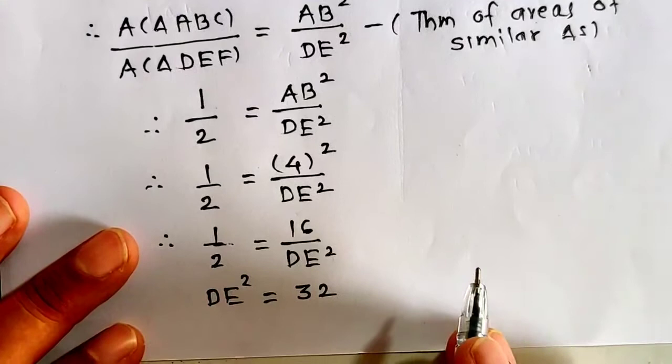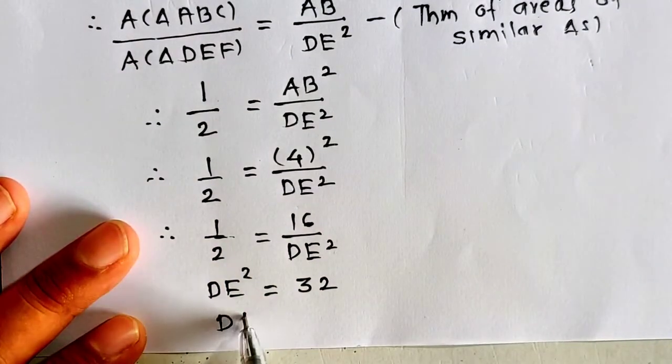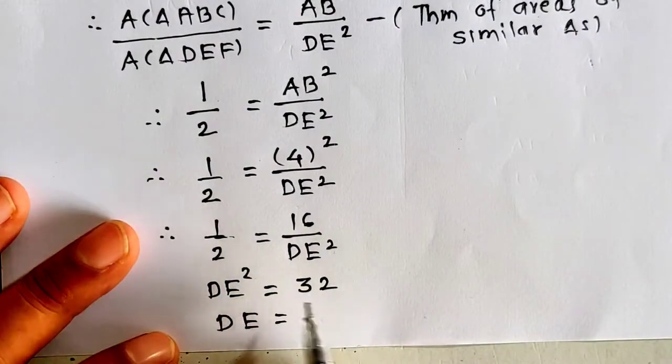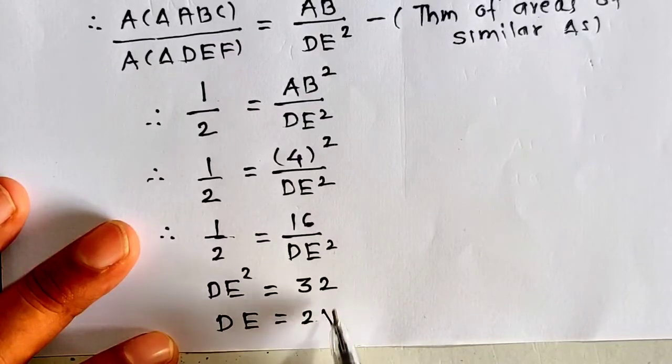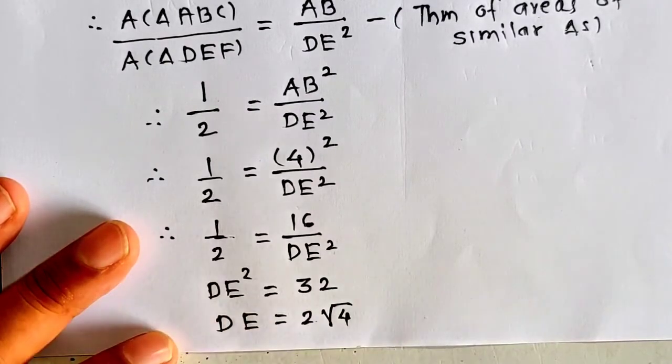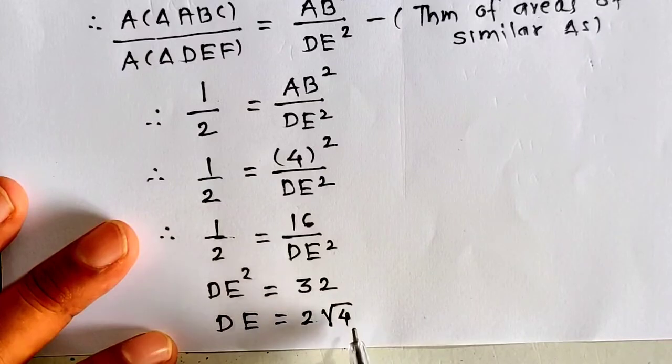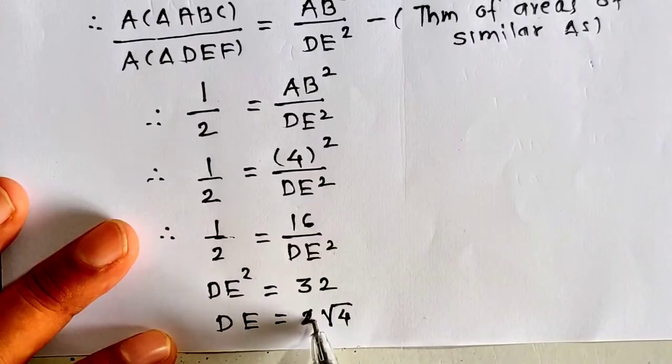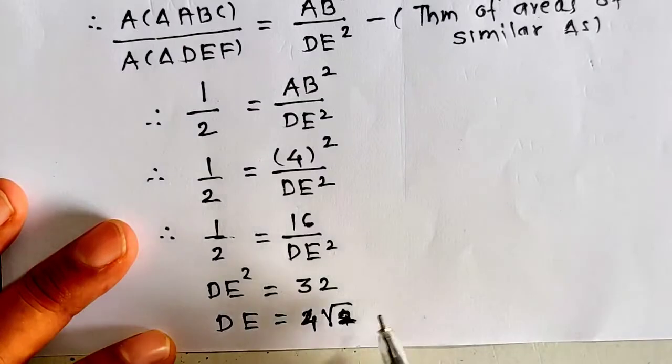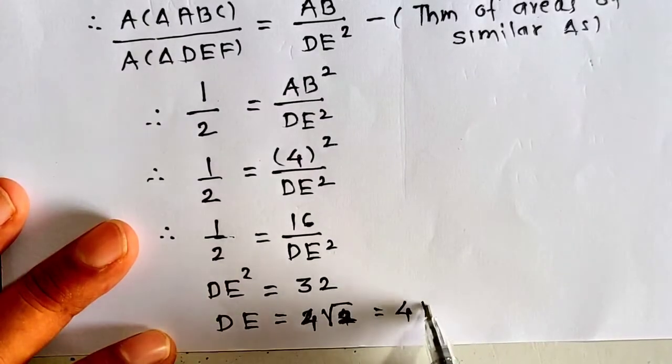Now taking the roots we get DE is equal to square root of 16 multiplied by 2. The square root of 16 is 4, and root 2 stays. Here the answer is 4√2.